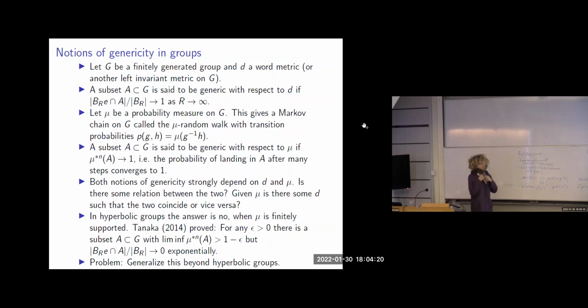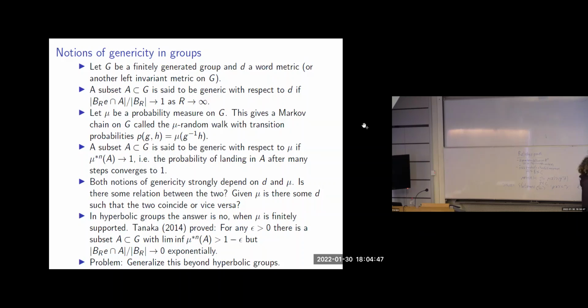So something else I like thinking about, which is related, is notions of genericity of groups. Suppose you have a finitely generated group, and you have a metric on it. It can be a metric coming from the word metric, or your favorite other metric. So you have two notions of genericity in it.